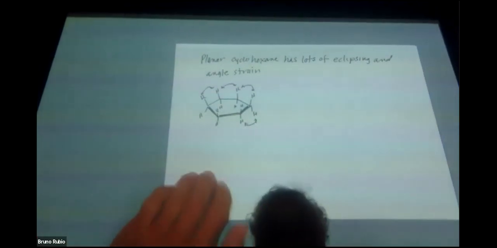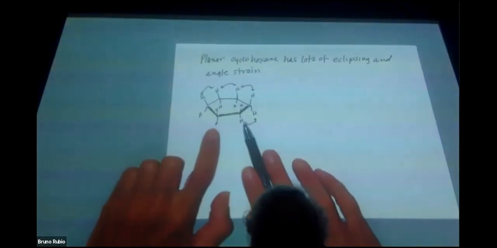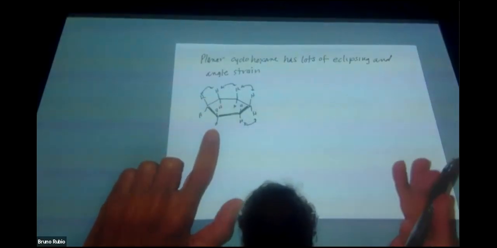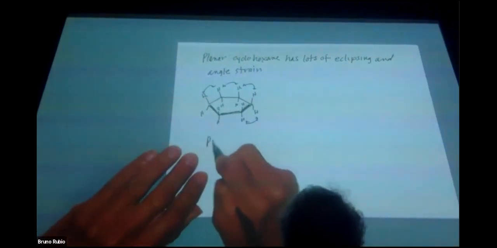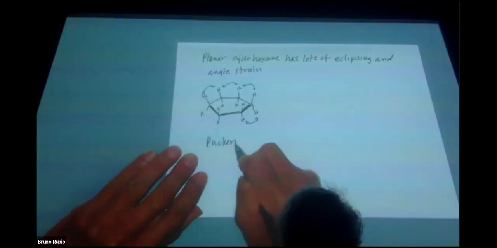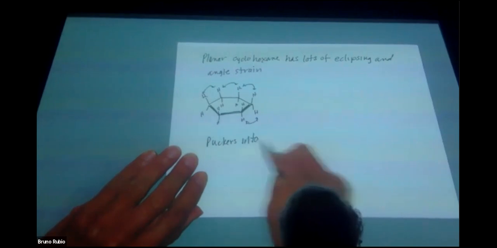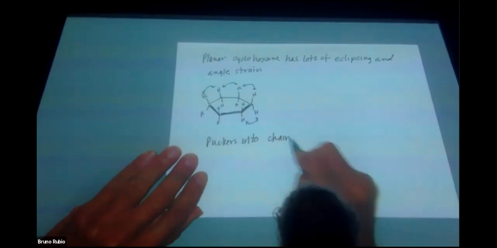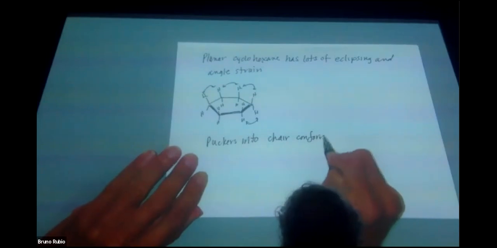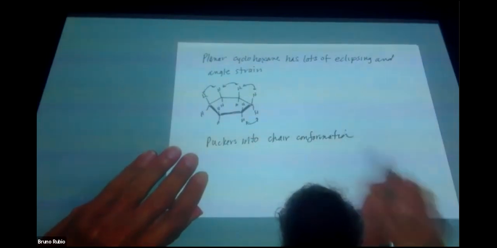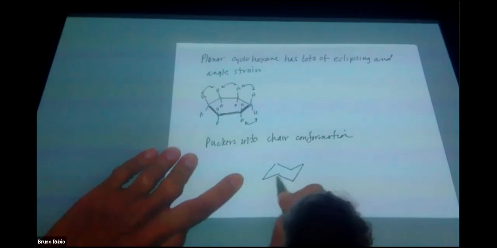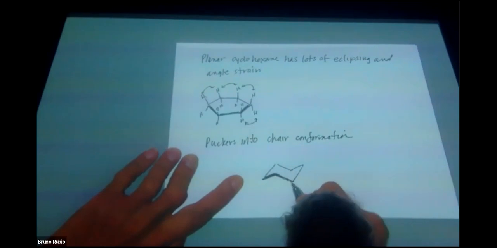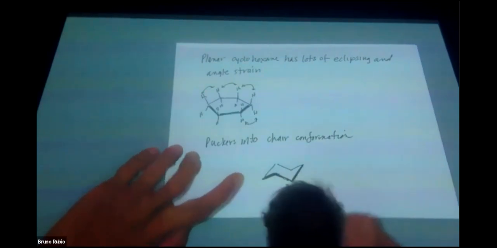What cyclohexane does in order to relieve all of this interaction is it puckers. It puckers into what is called the chair conformation. And the chair conformation looks like this. We have lots and lots to say about drawing these.